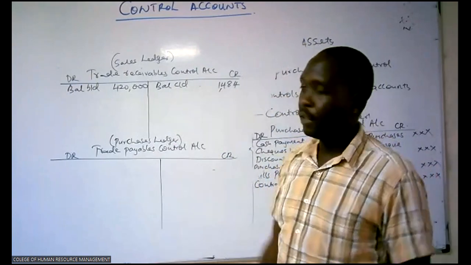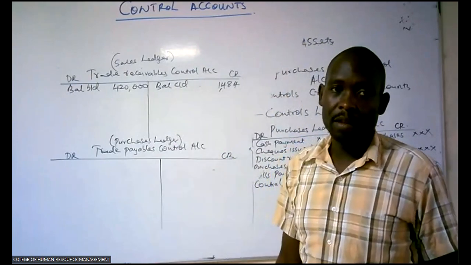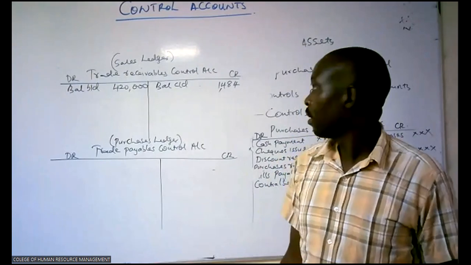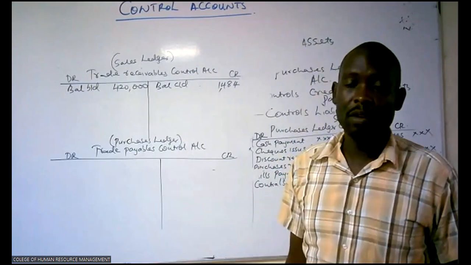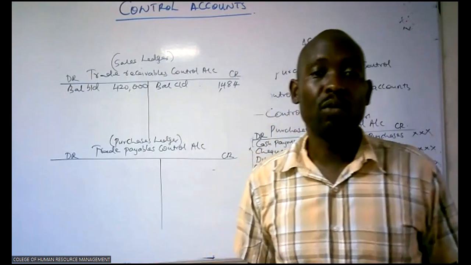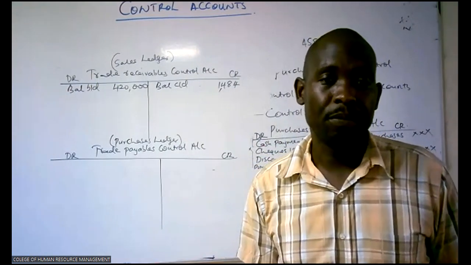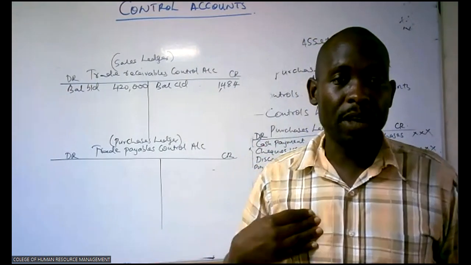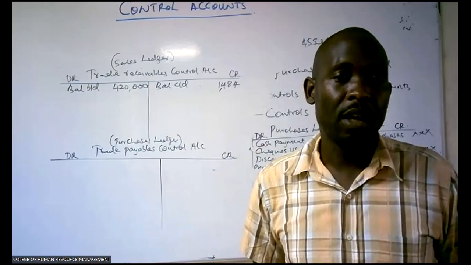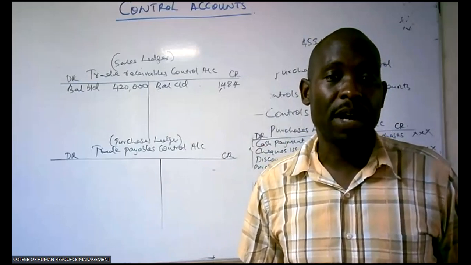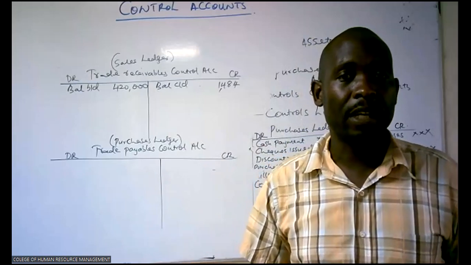But this figure of 1484 is what we are supposed to refund our customers. It is the business that owes the customers, and that money should be refunded because of the reasons I highlighted.